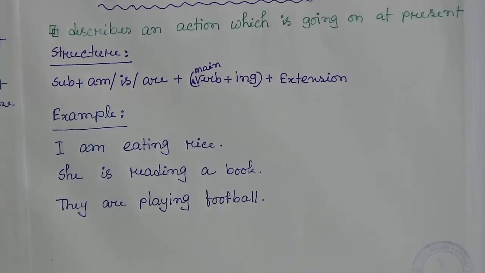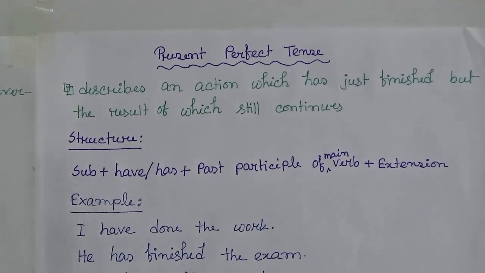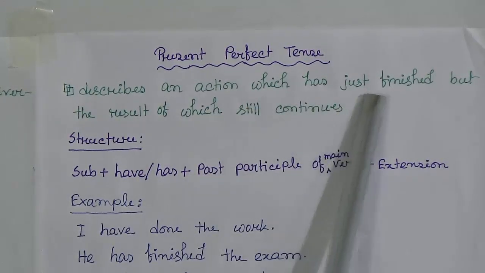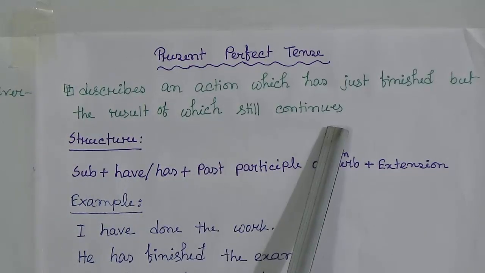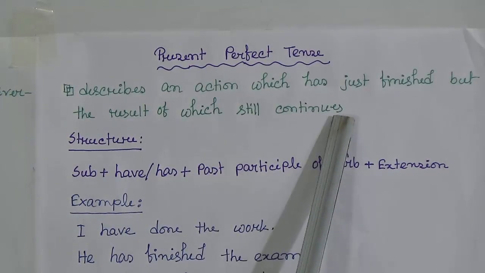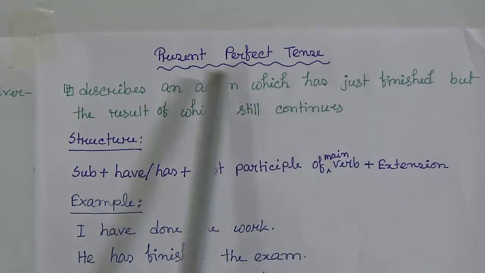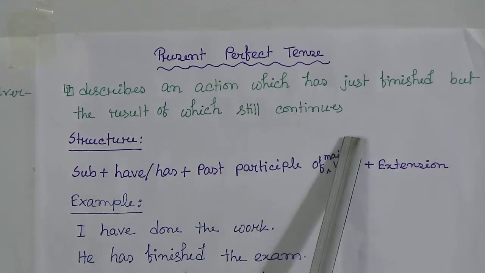Now go to the next one. This is present perfect tense. What is present perfect tense? Present perfect tense describes an action which has just finished but the result of which still continues. That means the work is finished but the result still continues.